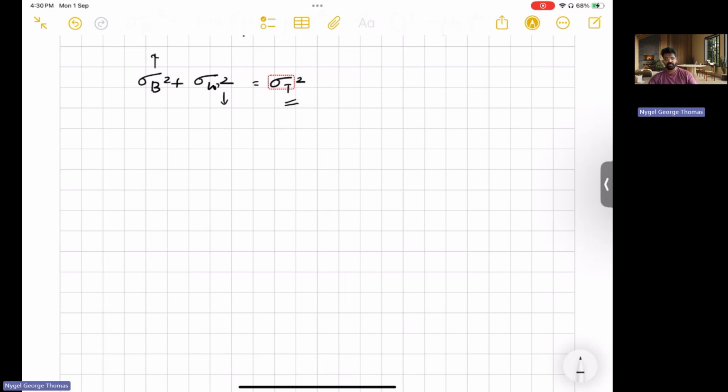So instead of trying to minimize within class variance, we can solve the optimization problem: T star is the arg max over 0 less than or equal to t less than or equal to k minus 1 of sigma b squared of t.